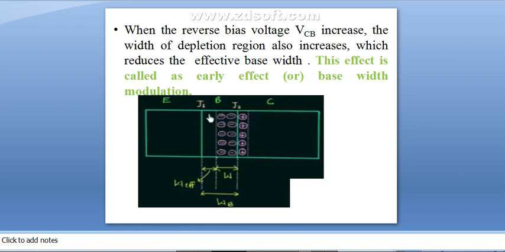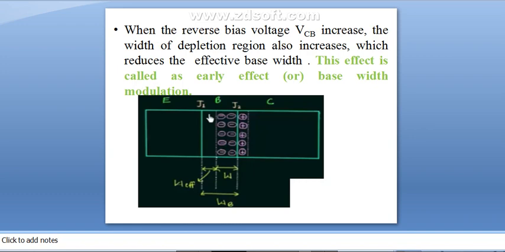So if the width of the depletion region increases, the effective base width decreases. The base width decreases, right? So this effect is called early effect or base width modulation.